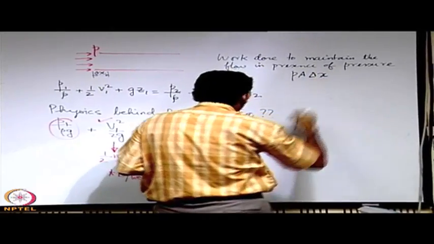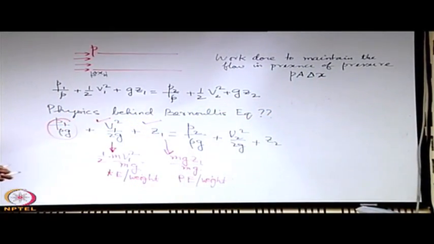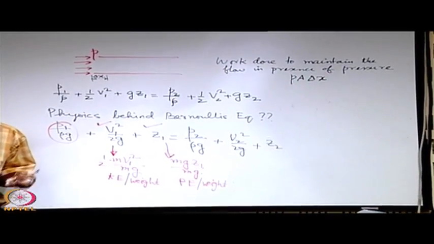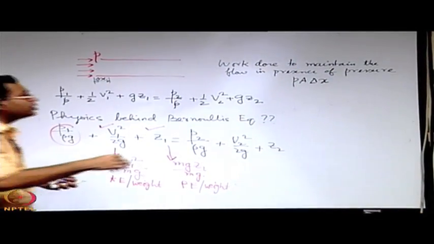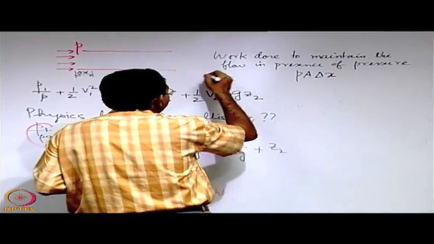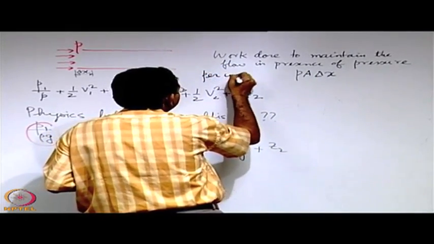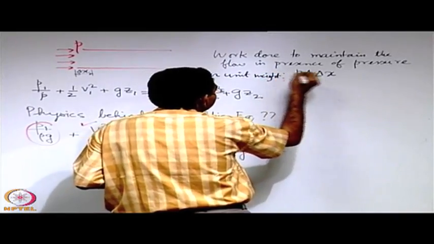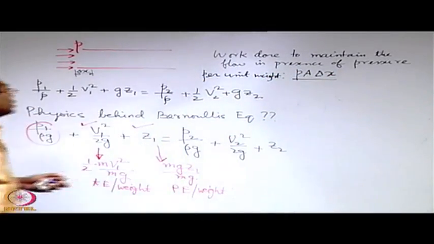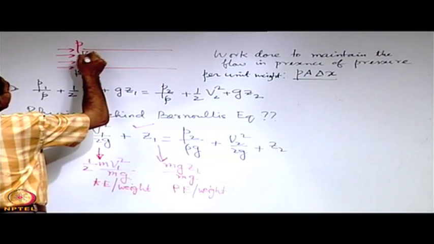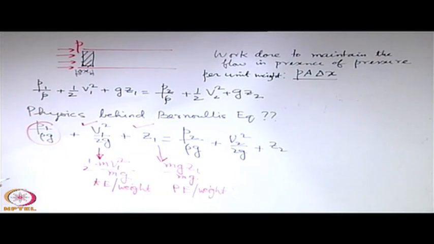Now, just like all the other terms, we will also try to express this work per unit weight of the fluid. So, the work done to maintain the flow in presence of pressure has to be divided by the weight of the fluid that covers up to this delta x.